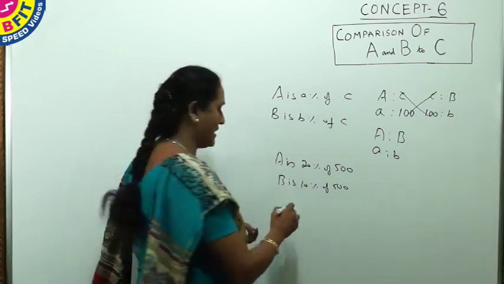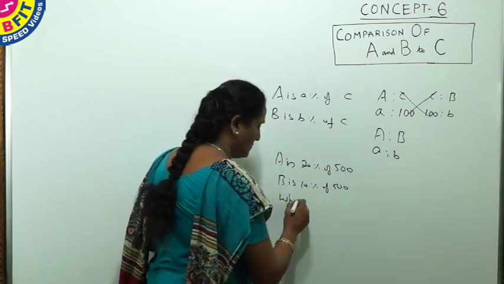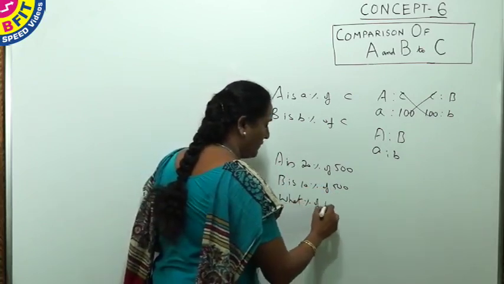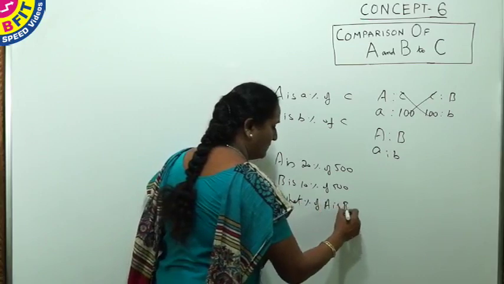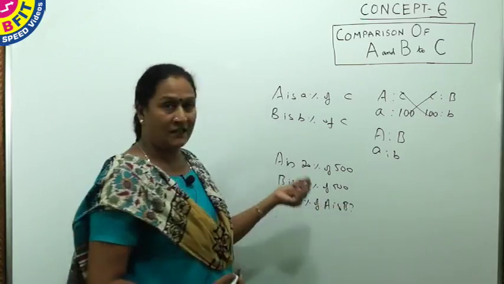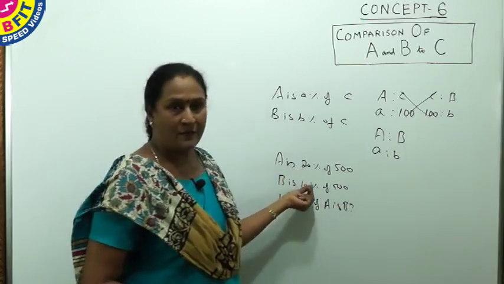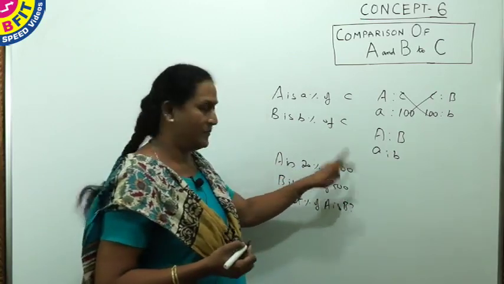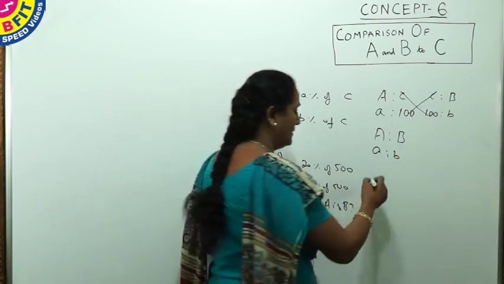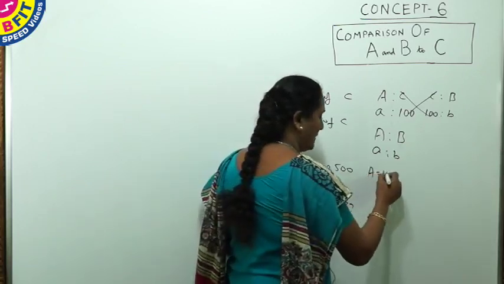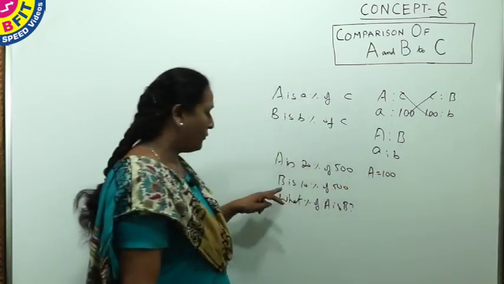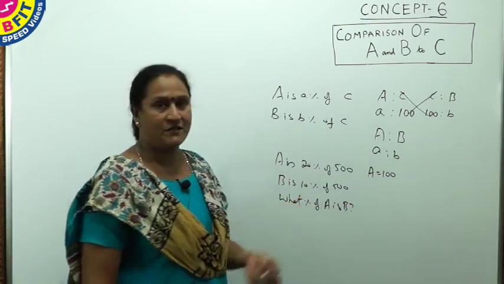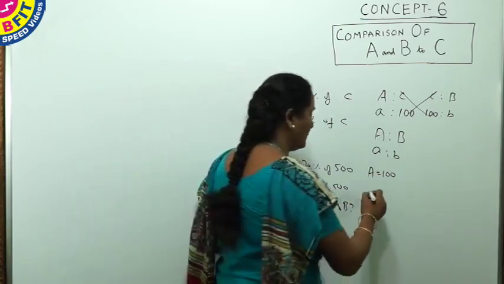So the question is asked, what percent of A is B? Now we'll get the value of A, that is 20% of 500. What will be 20% of 500? 10% is 50, so 20% is 100. A's value is 100. And what will be B's value? 10% of 500. So B's value is 50.